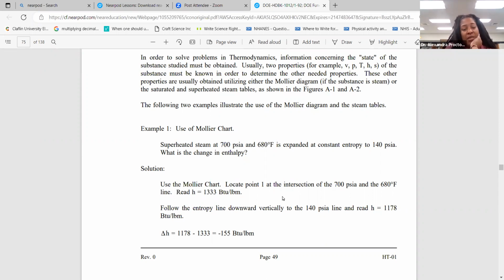They use the Mollier chart and locate point 1 at the intersection of 700 psi and 680 degrees Fahrenheit, and they read that H is equal to 1,333 BTU.